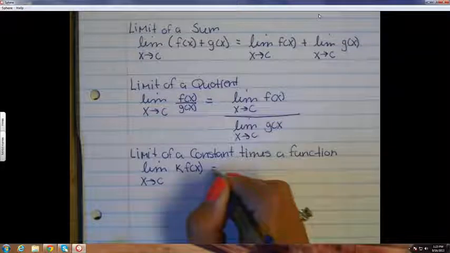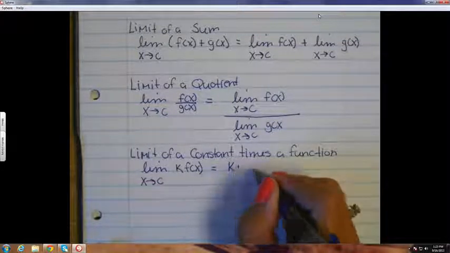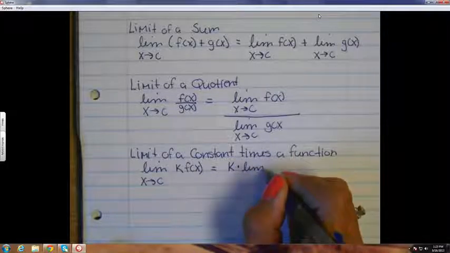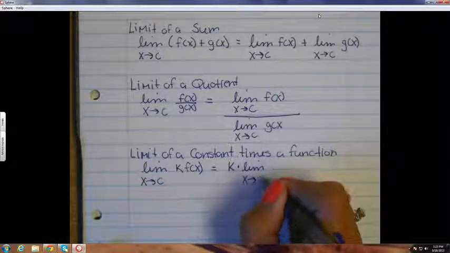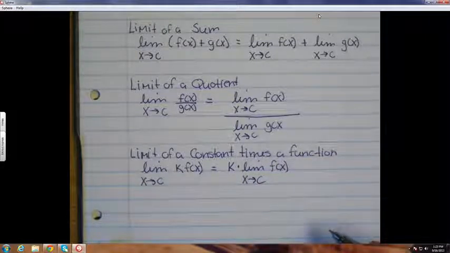What we can do is pull that k out in front. So it's the constant times the limit of the function. Two left.